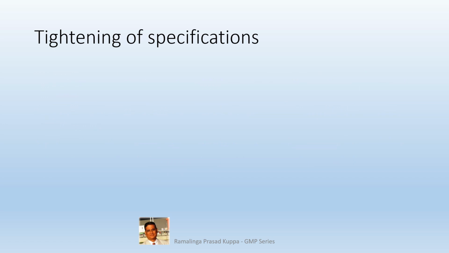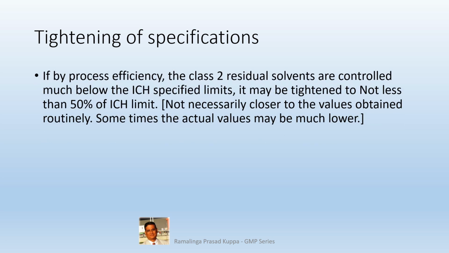Depending upon the routine results obtained, let us see how tightening of specifications is done. If by process efficiency the class 2 residual solvents are controlled much below the ICH specified limits, it may be tightened to not less than 50% of ICH limit, not necessarily closer to the values obtained routinely.